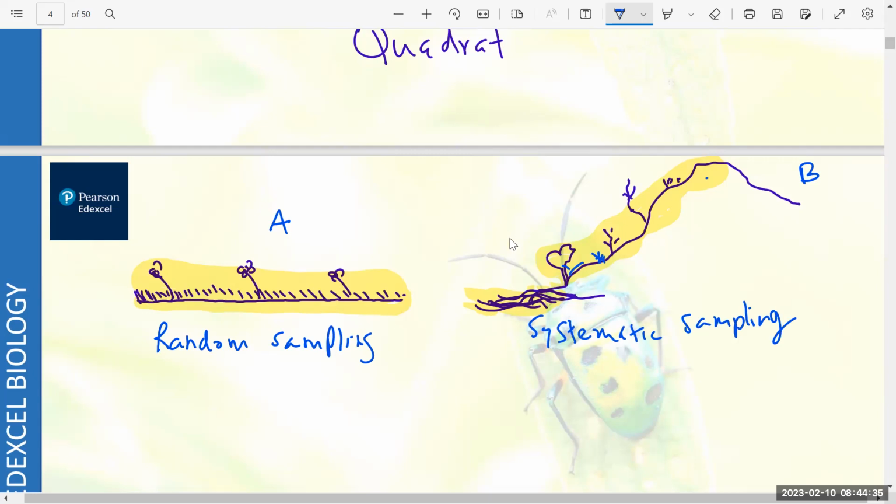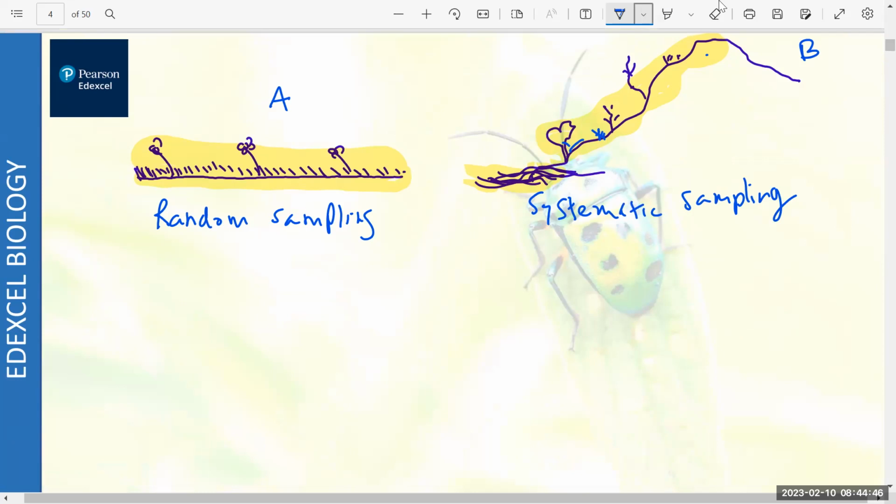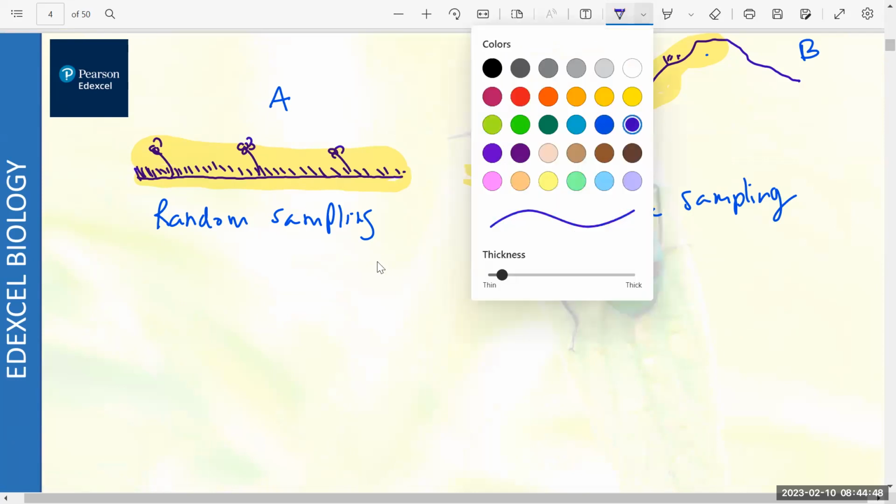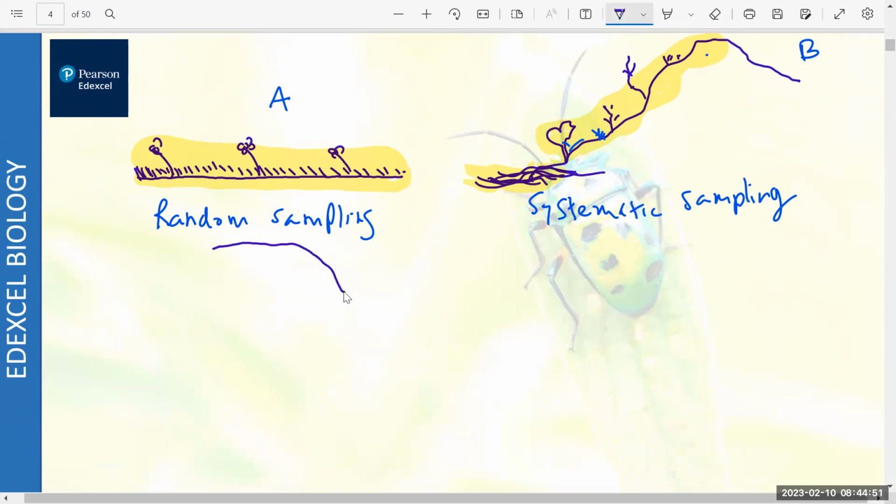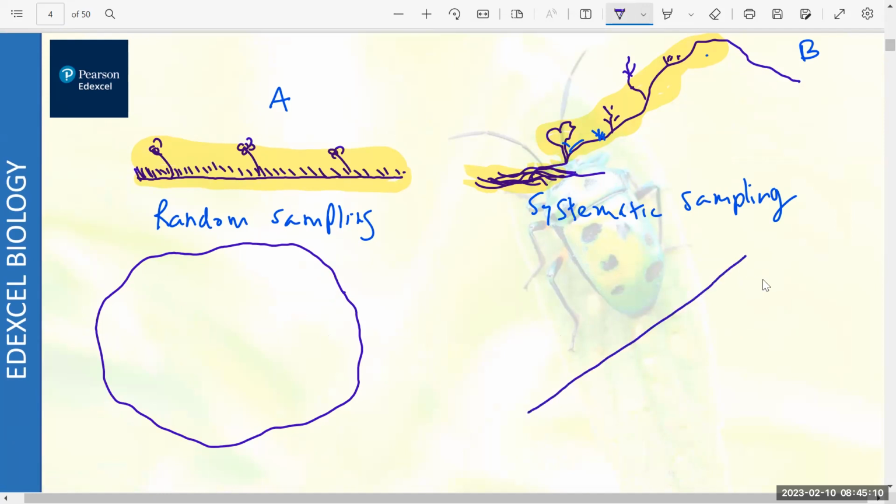Okay, now if we do random sampling and systematic sampling, we're going to do it like this. So let's assume the area is like this, and this area is going upward like this, but still the total area is like this.